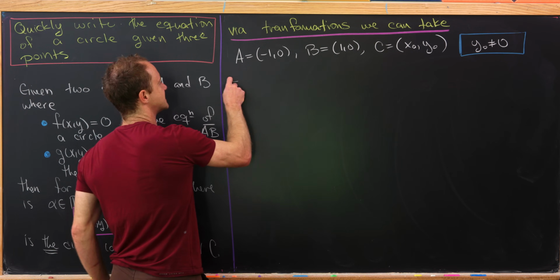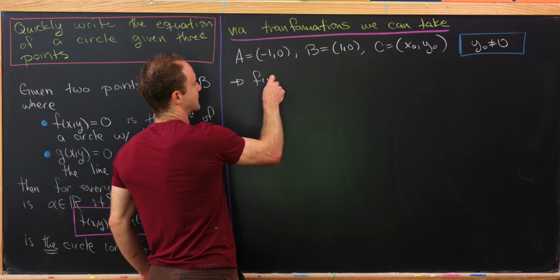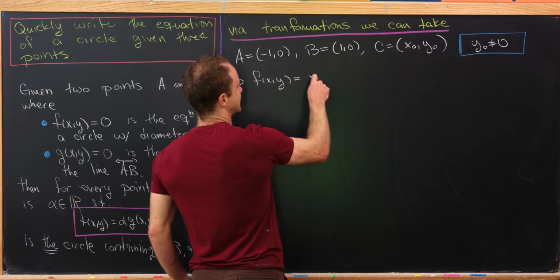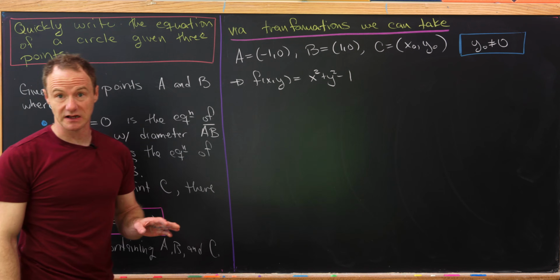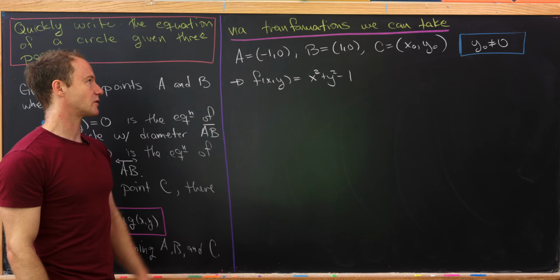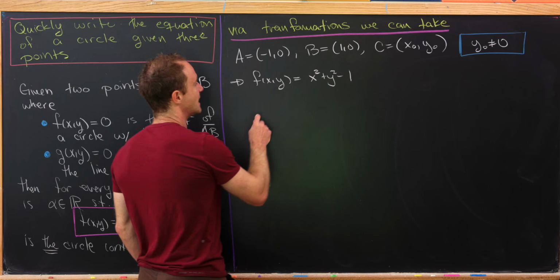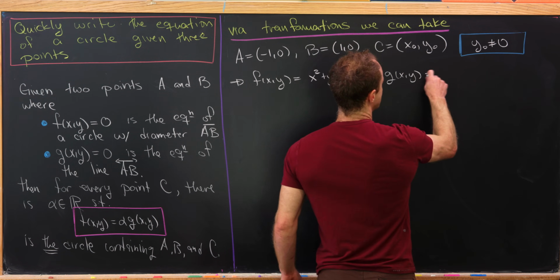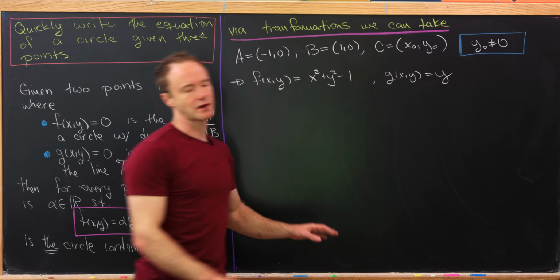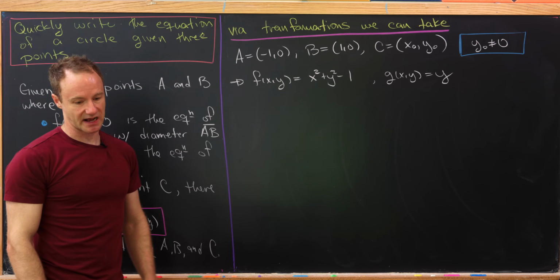Okay, so let's see. This means that our function f of x, y is simply x squared plus y squared minus 1. I think that's pretty clear. That has a diameter which is line segment AB. And then our function g of x, y is simply y. That's because y equals 0 is the x-axis.